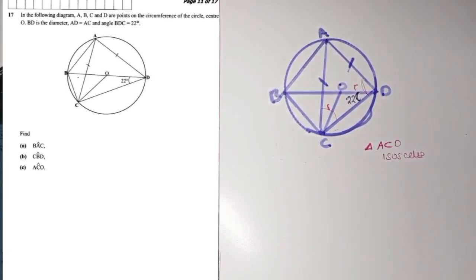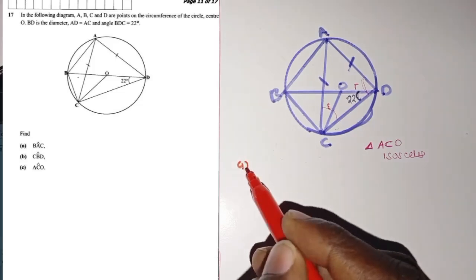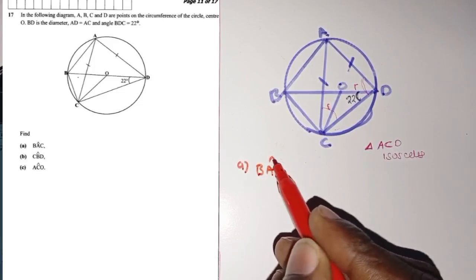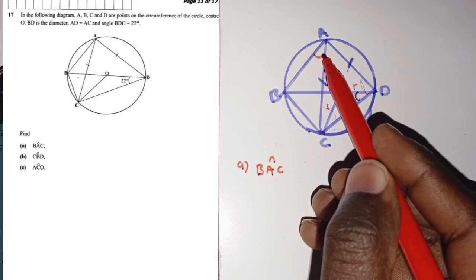So they are just letting you know some things. So the first question here, follow it nicely and understand. Find BAC. Part A says find BAC. So we're finding this one here.